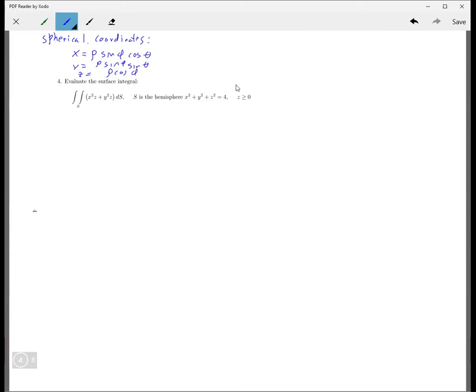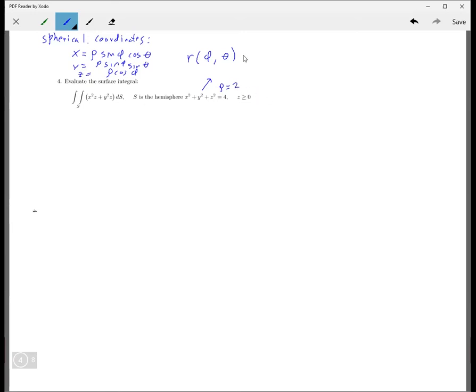Okay, so that means that this hemisphere can be described in terms of phi and theta, because what's the radius of this hemisphere? Two. Yeah, that's 2.